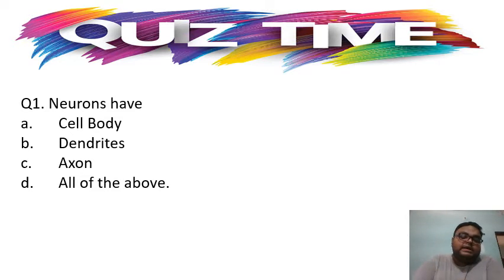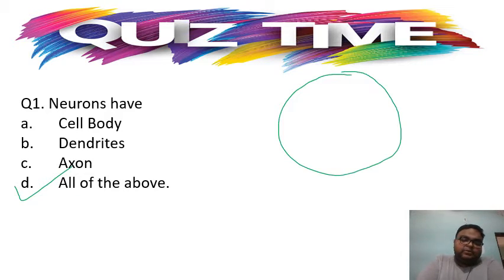Yes. So the answer will be all of the above, right? The answer will be all of the above. We saw that there is a cell body, right? And from the cell body arises what?